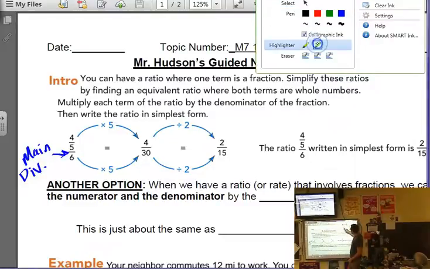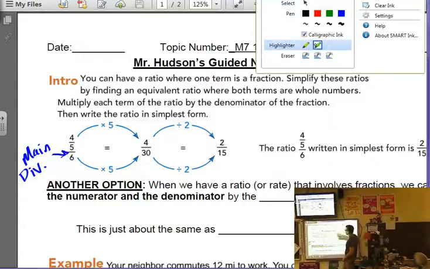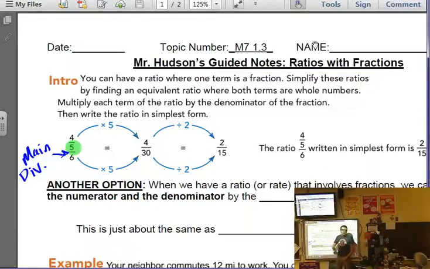If you have a highlighter, I would suggest highlighting this so it makes sense. They look at the fraction involved because this is a complex fraction, a fraction inside of a fraction. They say, well, I can destroy the fraction that's inside of the fraction if I just multiply it by its denominator.